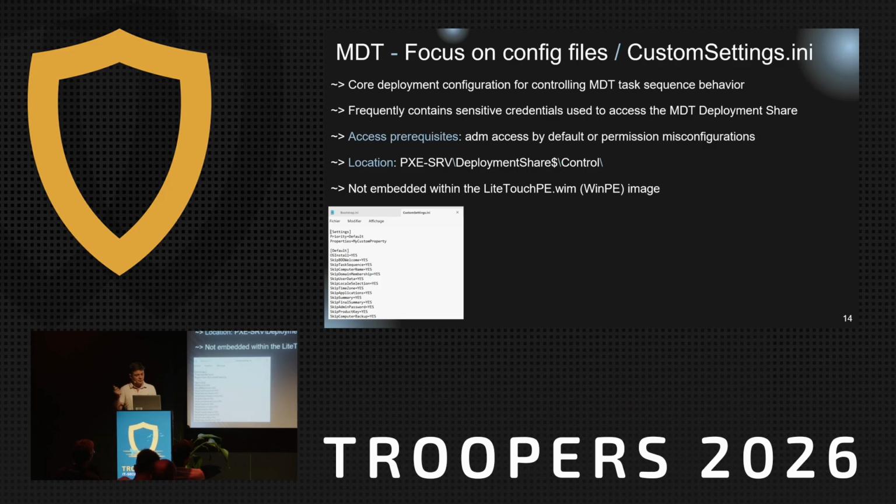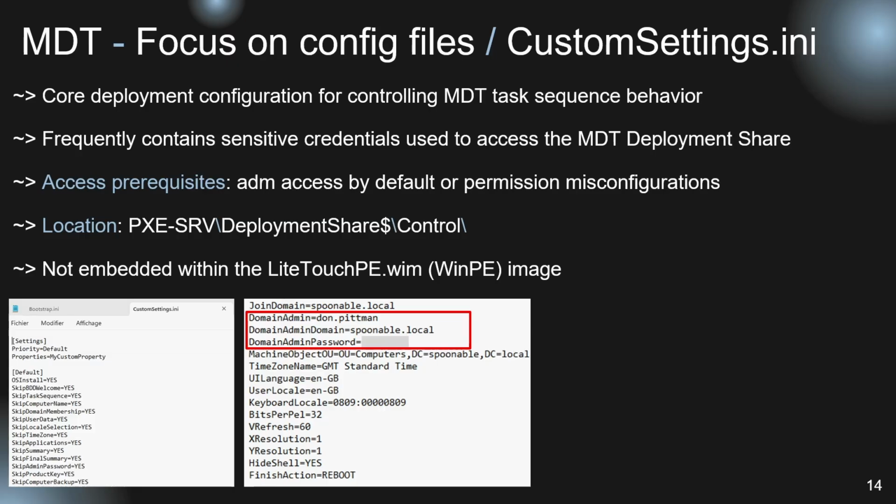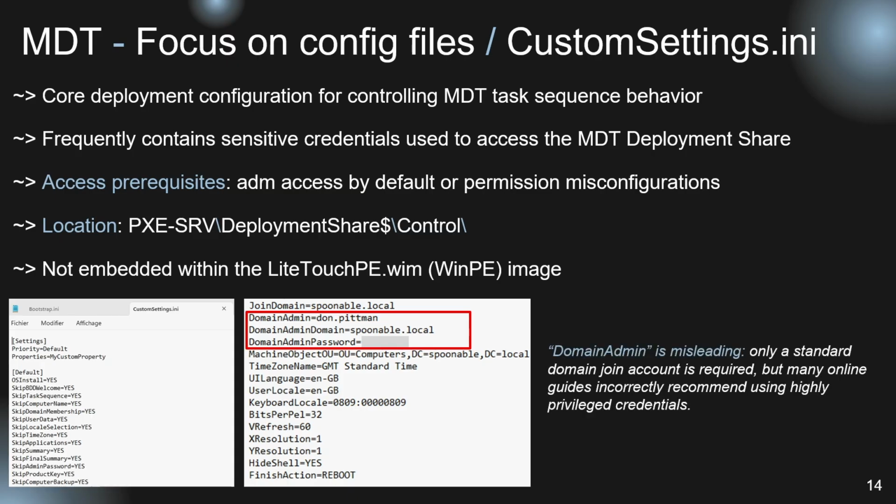But sometimes, in my experience, you have a lot of variables, and guess what? You have misleading names in a variable: DomainAdmin, DomainAdminDomain, DomainAdminPassword. And in my experience, during two assessments, I retrieved a very, very old domain admin account with a clear text password, and the password never expires attribute on this account.